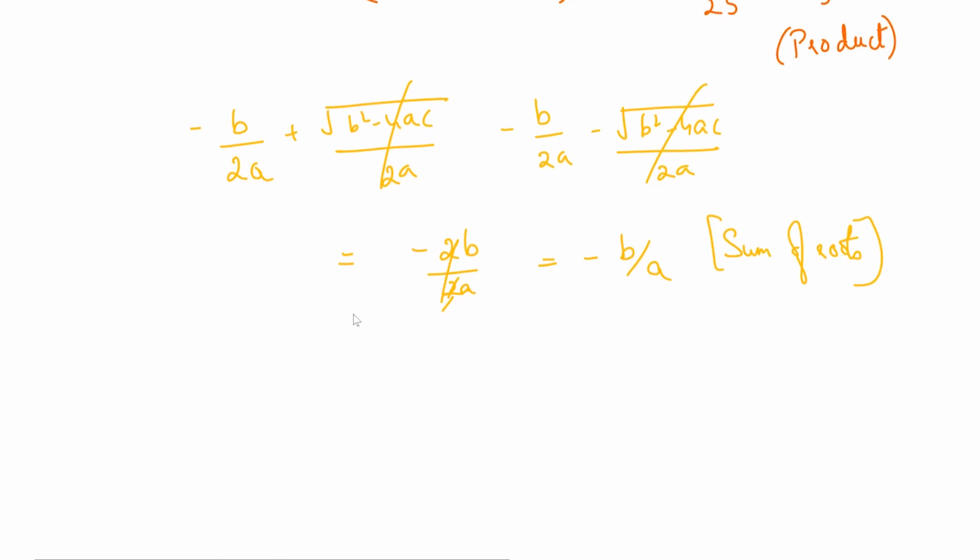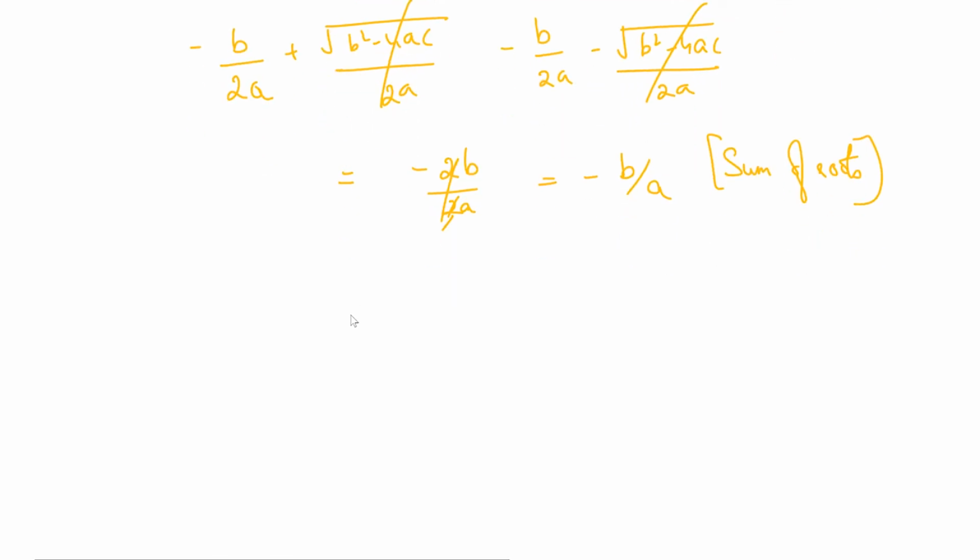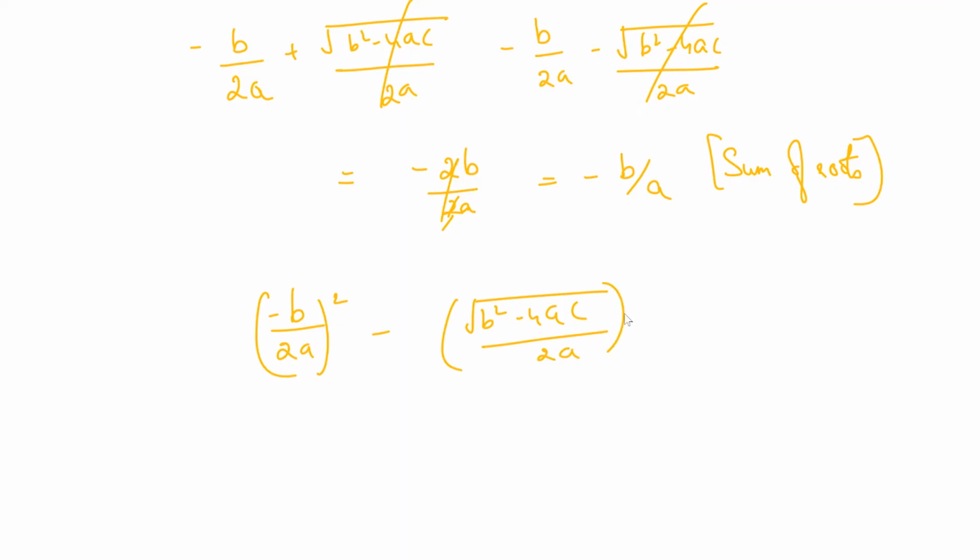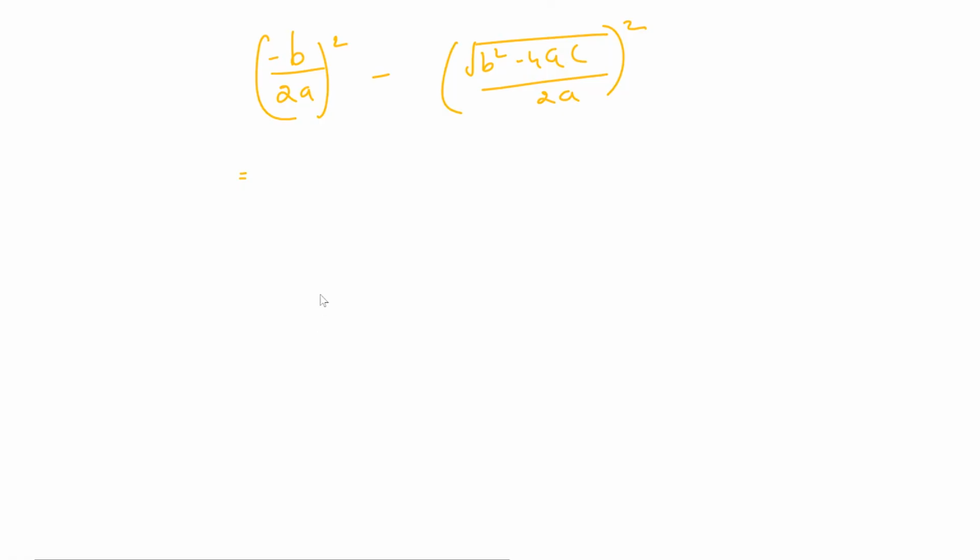And when we do the product, again it is in the a plus b into a minus b form. So we'll get minus b by 2a the whole square minus root of b square minus 4ac by 2a the whole square, which gives us b square by 4a square minus b square minus 4ac divided by 4a square.